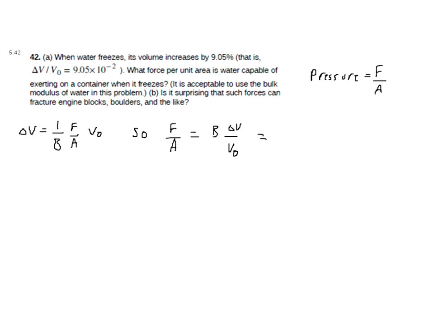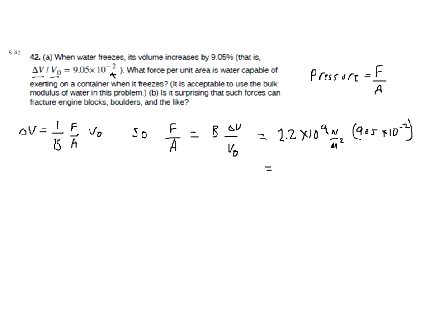We could just look that up, and it turns out that the bulk modulus for water is 2.2 times 10 to the 9th newtons per meter squared, and delta V over V0 is 9.05 times 10 to the negative 2. And notice there are no units here because it's delta V divided by V0. So they would have the same units, meaning the end result is dimensionless.